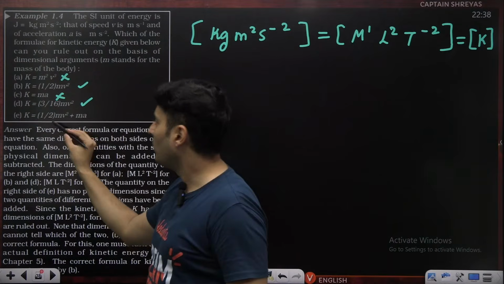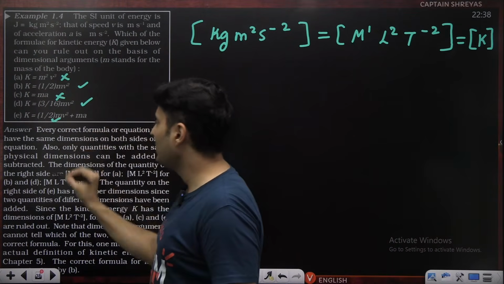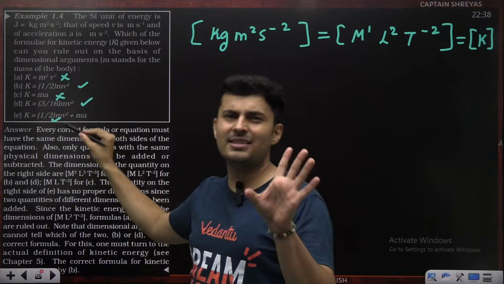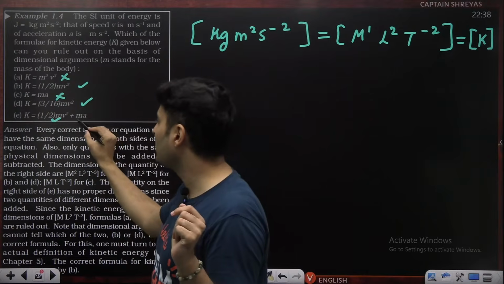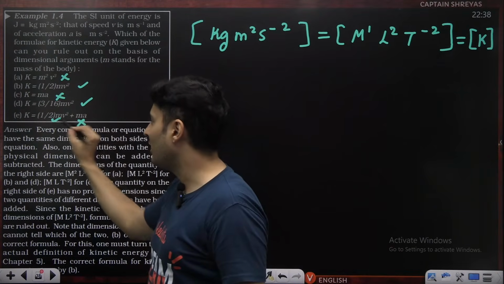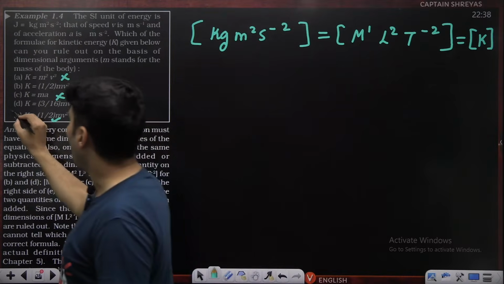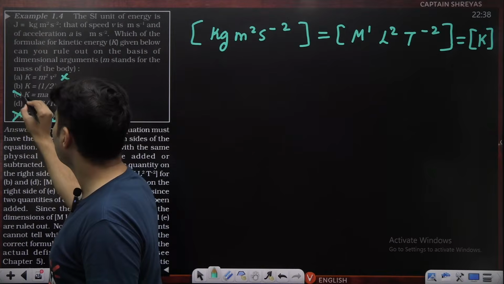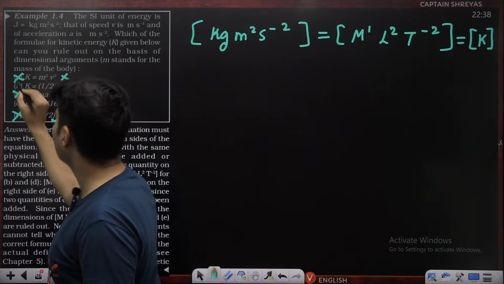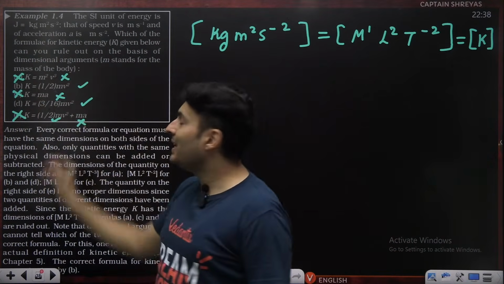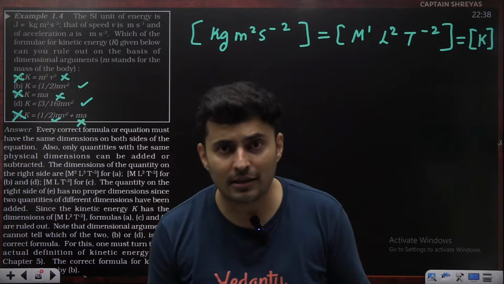Half mv square, okay, fine. But mass into acceleration is not the same as kinetic energy. Mass into acceleration is like force. So force can't be added with kinetic energy. So automatically option E, option C, and option A get ruled out. Only B and D can be dimensionally correct.